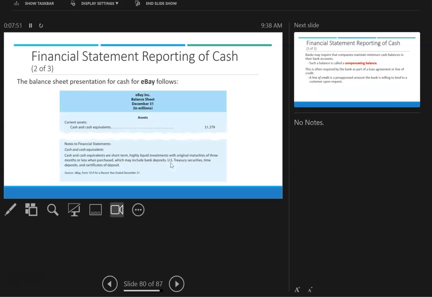We use the term cash and cash equivalents synonymously, meaning cash is available on hand right away, but our cash equivalents, such as money markets, are also able to be converted to cash right away. Oftentimes there will be notes to the financial statements explaining what the term cash equivalent is used for.